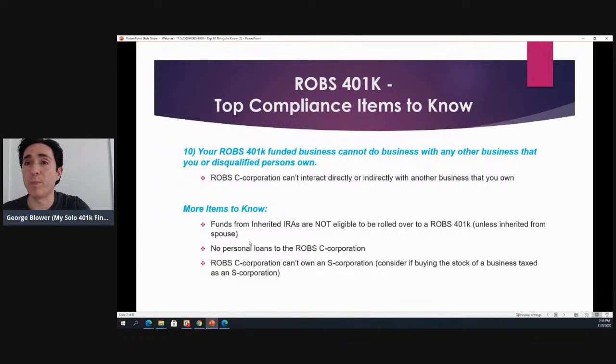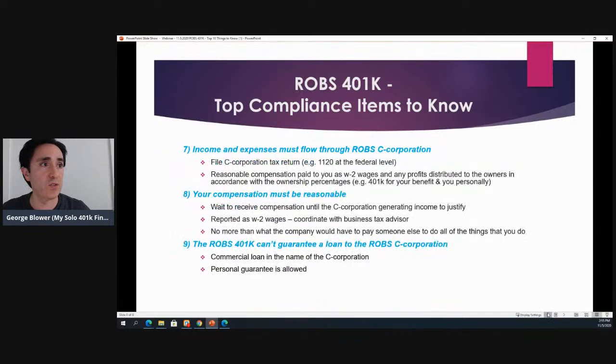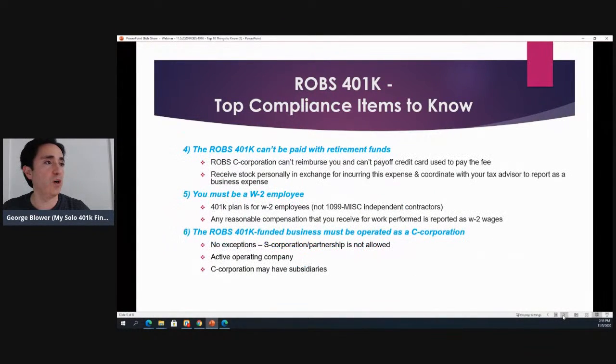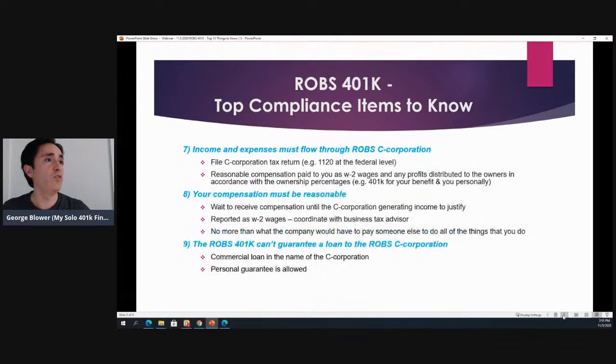As far as the practical impacts of that, a good example goes back to what happens when the company distributes profits, which we talked about a couple slides ago. When the company distributes profits, those profits have to be distributed in accordance with the ownership percentages.